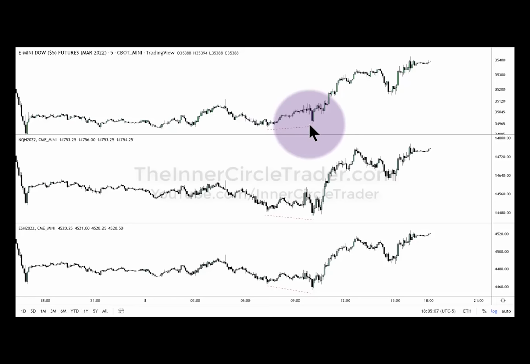Correlation would be they are moving lower here, here, and here. But that correlation, where they move in tandem together, cracks here at a very important time, right when the NASDAQ and the S&P are trading below its old low.